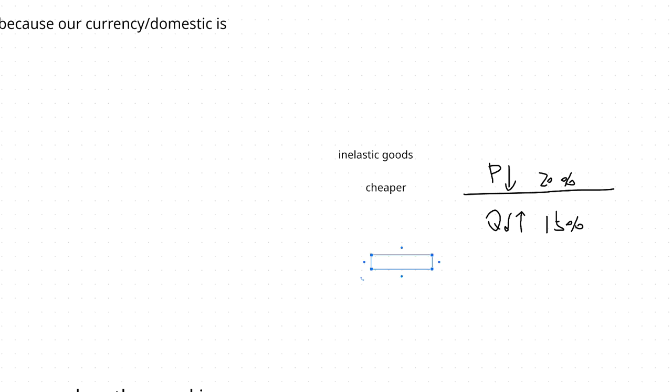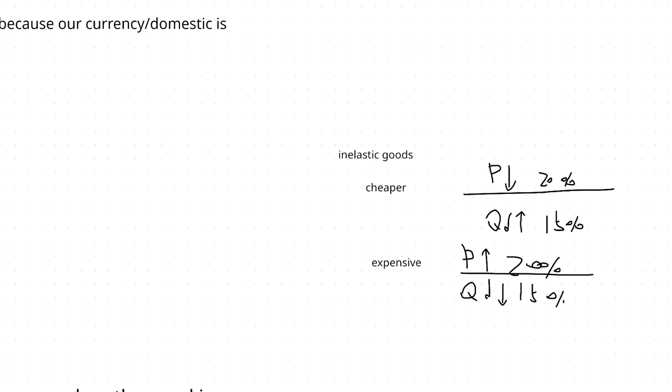And then when it's more expensive, let's have a look. So when the price of the good increases by 20%, let's say, the consumers are going to consume less, right? But this less is going to be a little bit. So they're not really consuming too little, right? They're still consuming the same amount. Okay.